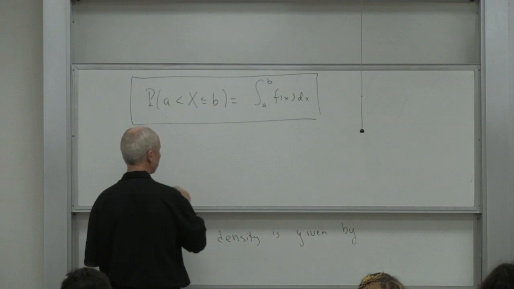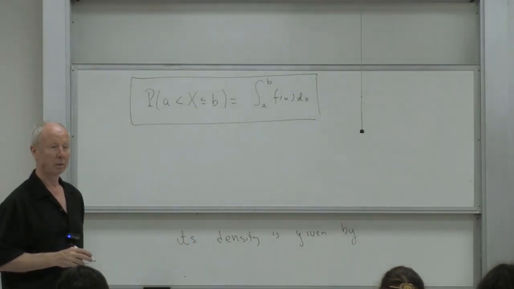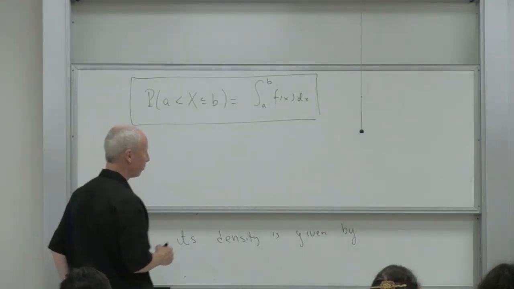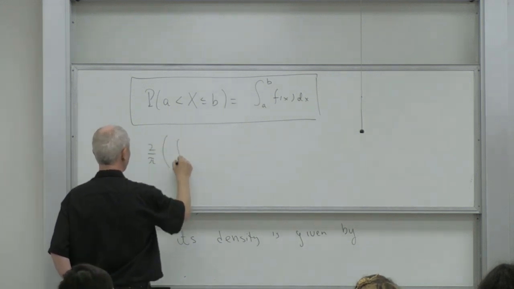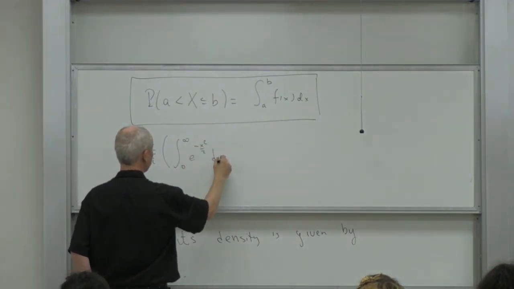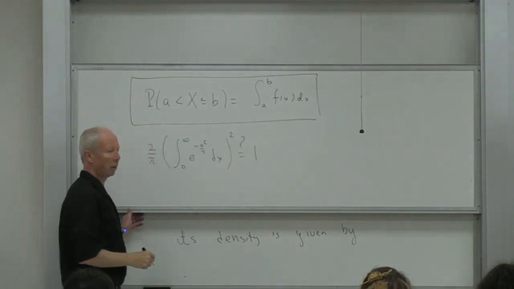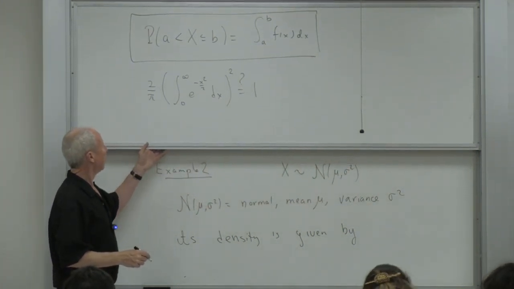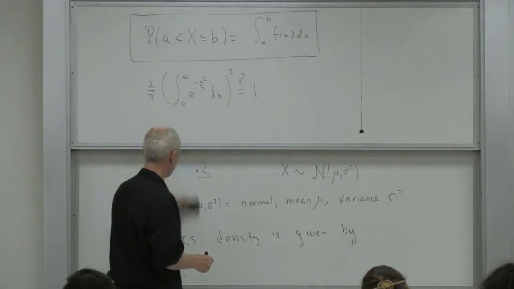And one way to show a number is 1 is to show that when you square it, you get 1. That number can't be minus 1 because it's positive. So let's square it. If we square that number, we get 2 over pi integral 0 to infinity e to the minus x squared over 2 dx. We want to show that that's 1, or that this squared is pi over 2. So let's look at that integral squared.